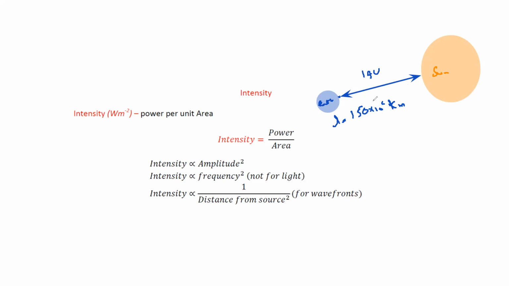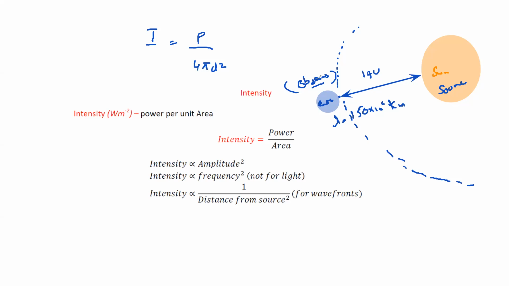But again, when we are calculating the intensity of the sun, there will be so many points at a distance of 1 astronomical unit from the sun. When we join all the points, it will make a perfect sphere, a complete sphere. And because it's a sphere, intensity is equal to power divided by 4 pi d square, where d is the distance between the source and the observer, or source and the object.